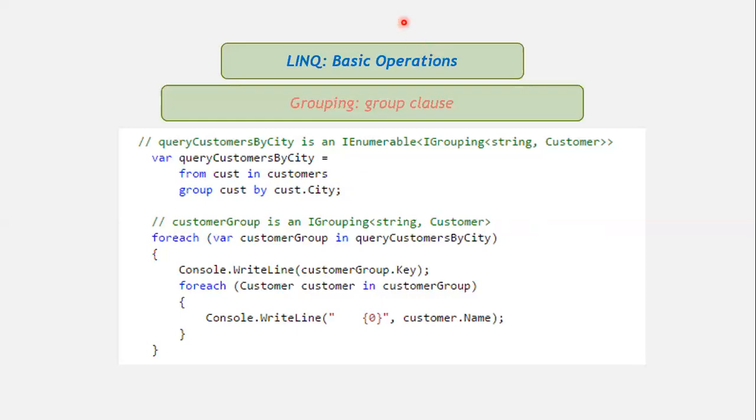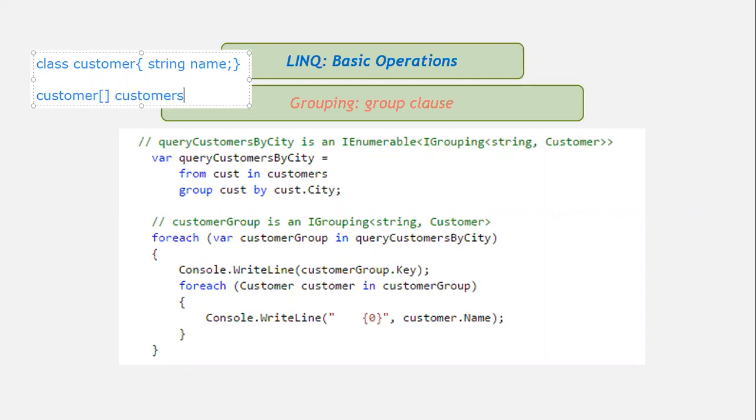I can make it simple by writing a little bit of code here, see on the slide, to understand the backend perspective. Maybe we have a class customer with name, and after that we have created the object array of the customer class, and its name is customers.